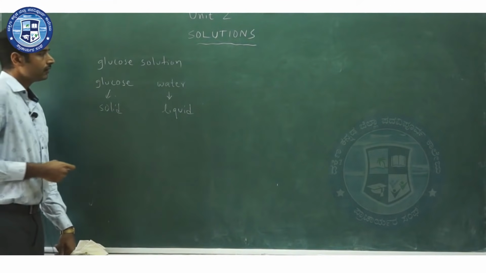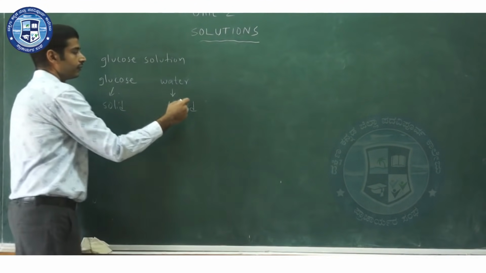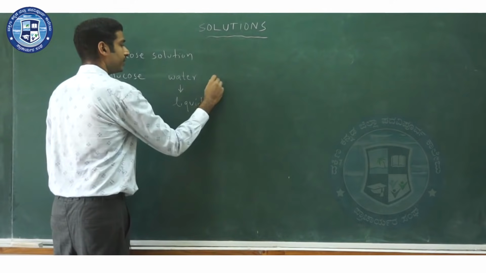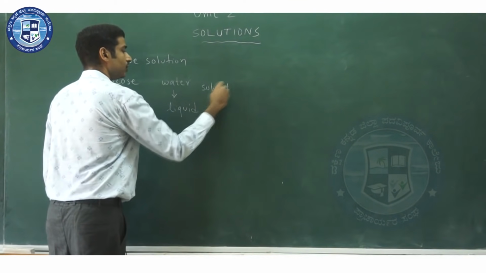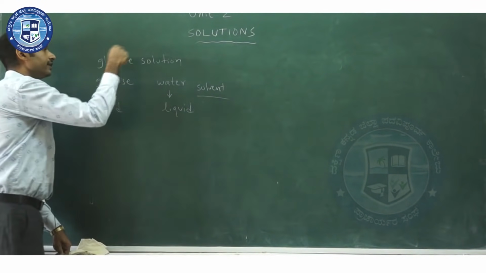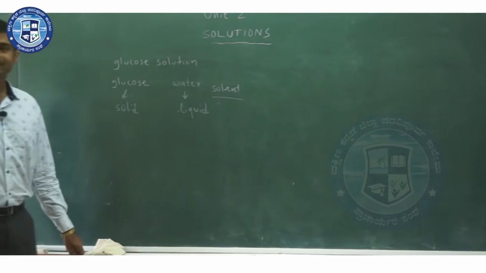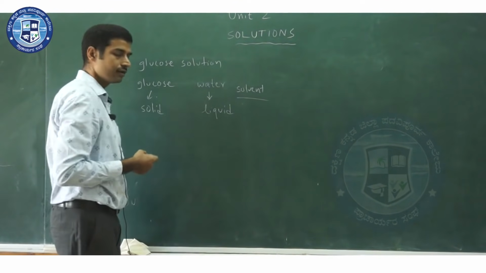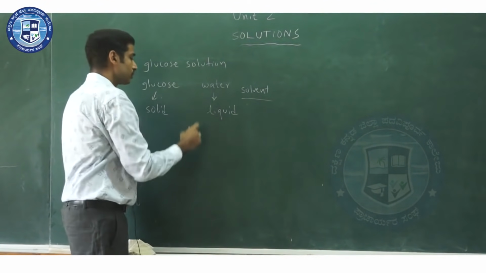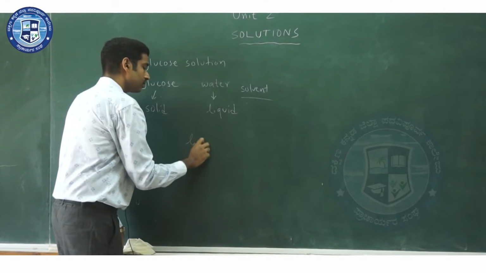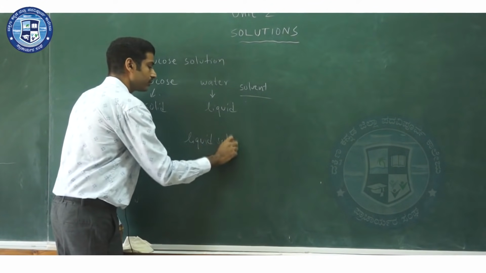Hence, the physical state of the solvent will actually decide the type of solution. Since the physical state is a liquid, glucose solution is referred to as a liquid solution.